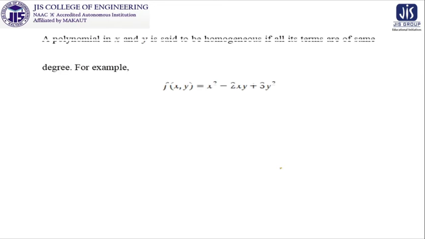So proceeding further, we get some problems and verifications. We are considering one polynomial. Now the polynomial is in x and y. That means it is a function of two variables. It will be said to be homogeneous if all its terms are of the same degree. So what is that?